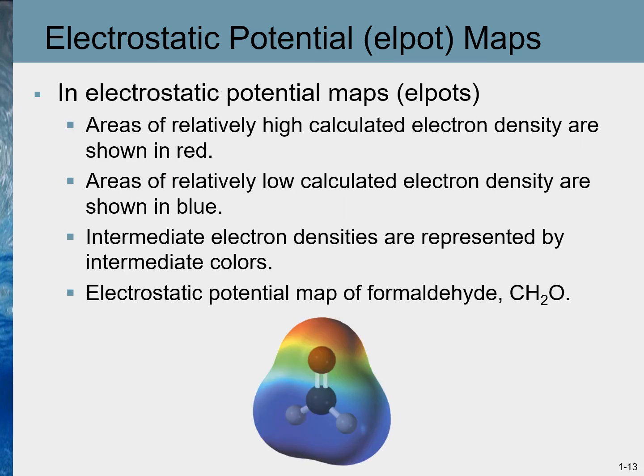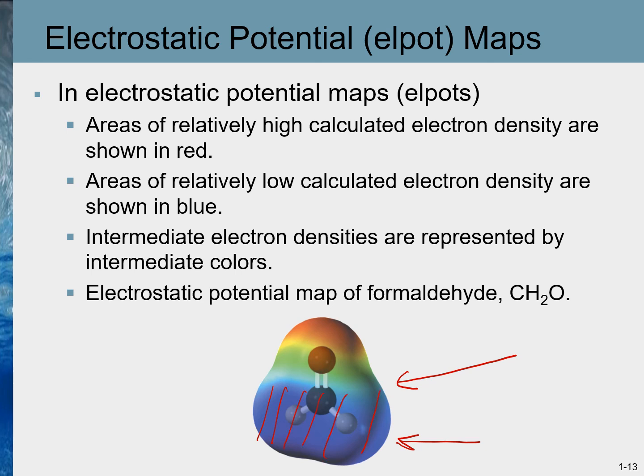The electrostatic potential map of formaldehyde is shown here. The area in blue shown in the bottom of the molecule is a relatively low electron density area. So in other words, the electron density is low in the bottom part of the molecule.